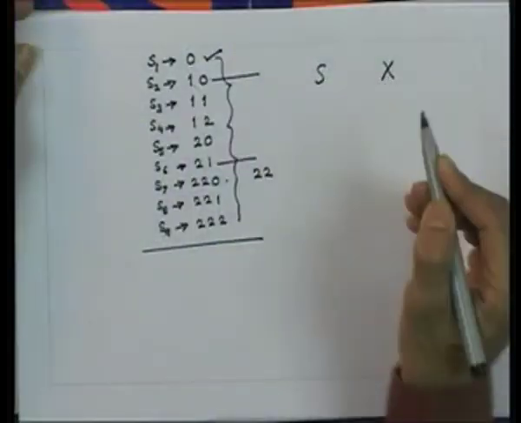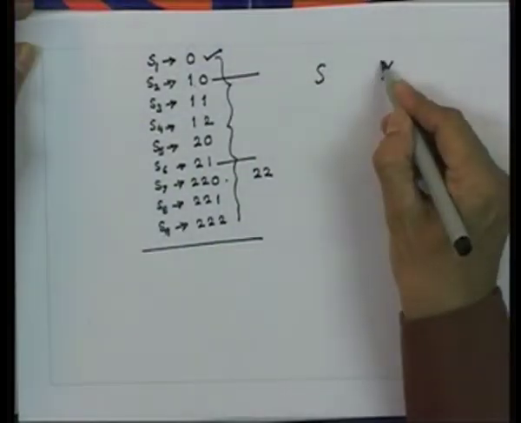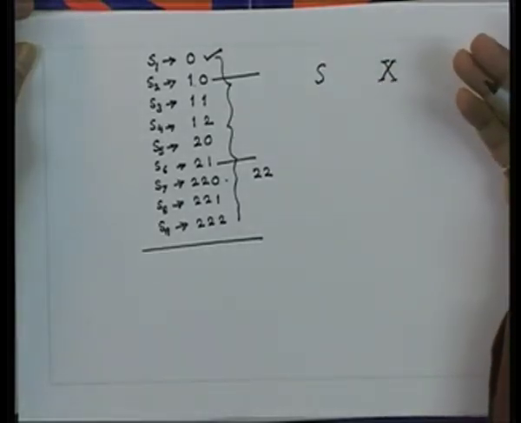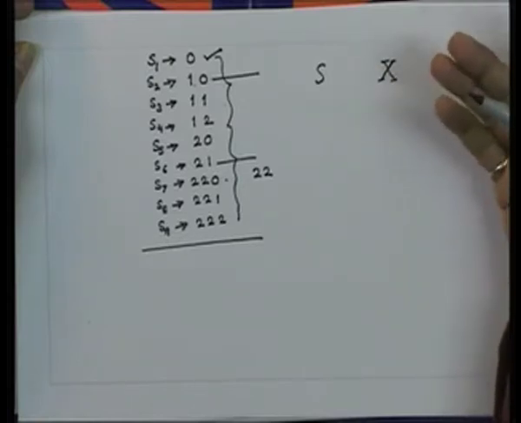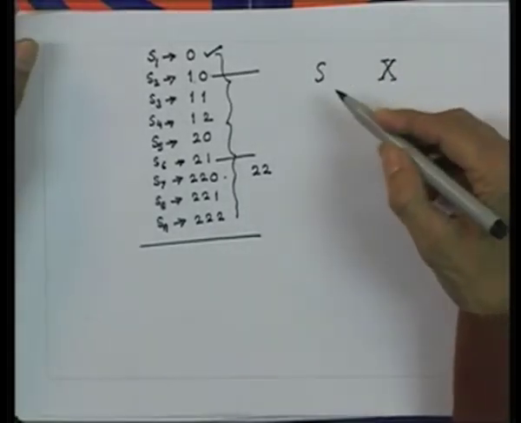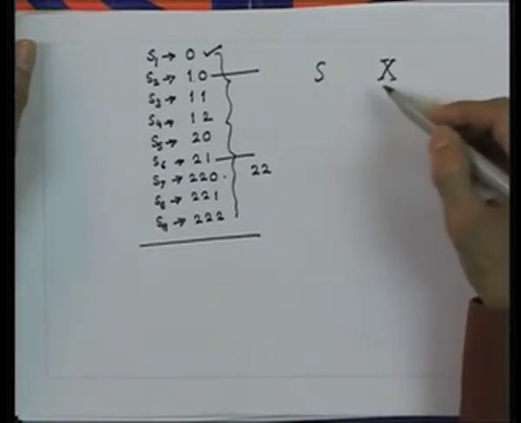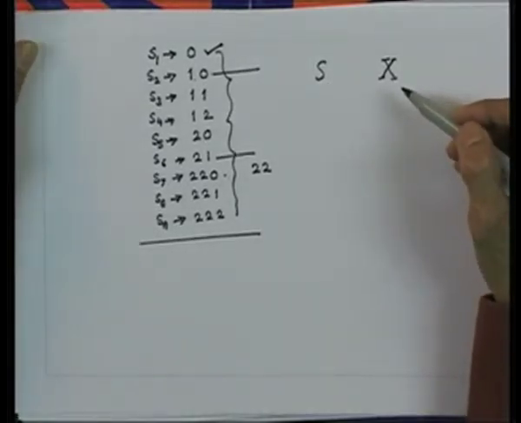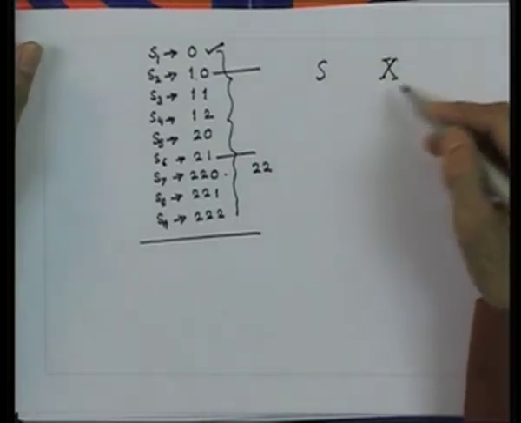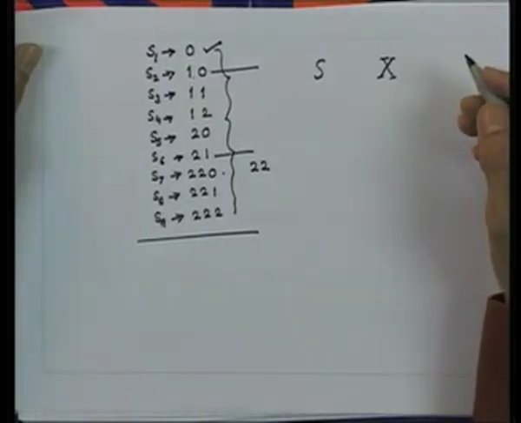Now, for a given source S and for a given code alphabet X, we can form many instantaneous codes, or for that matter many uniquely decodable codes. Now, with such an abundance of available instantaneous and uniquely decodable codes, the natural question is, how do you select the best code from this lot?